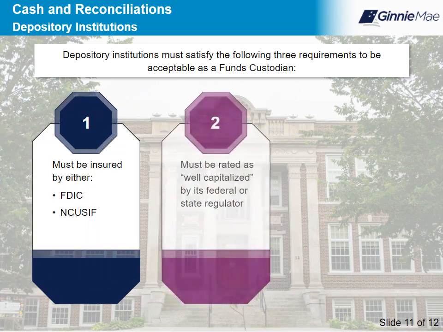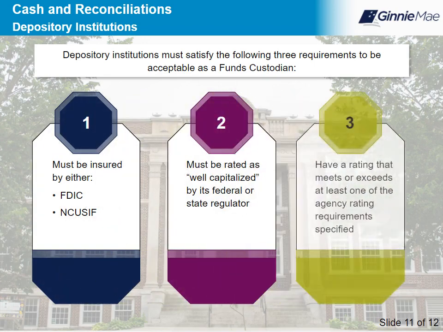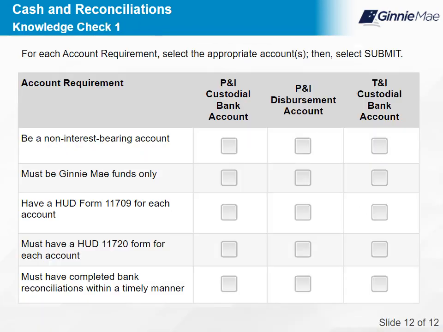They must be rated as well capitalized by its federal or state regulator. And they must have a rating that meets or exceeds at least one of the agency rating requirements specified. Select Next to continue. Now, check your understanding.